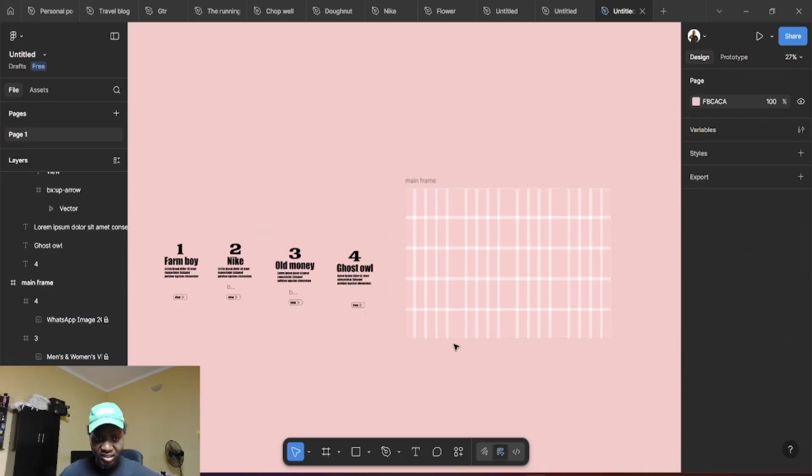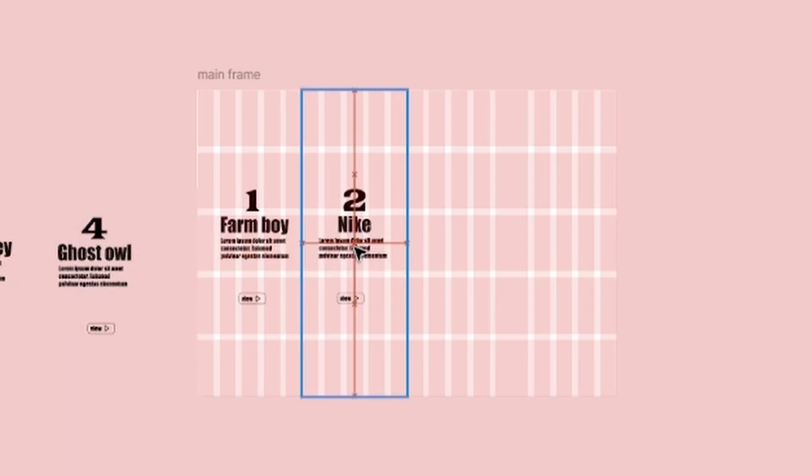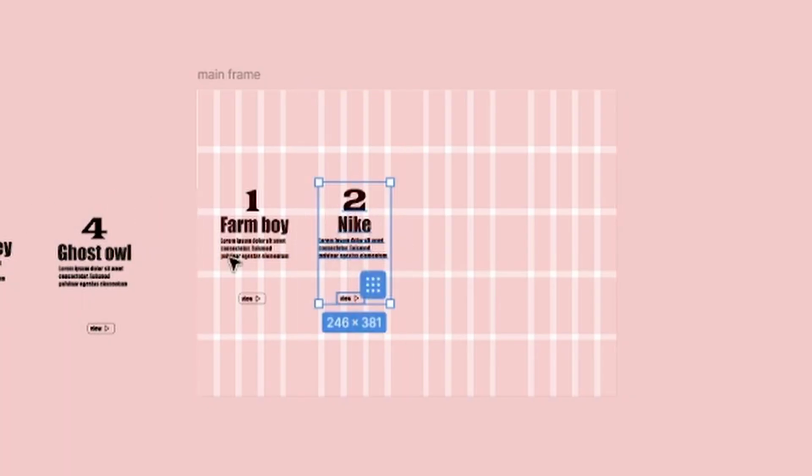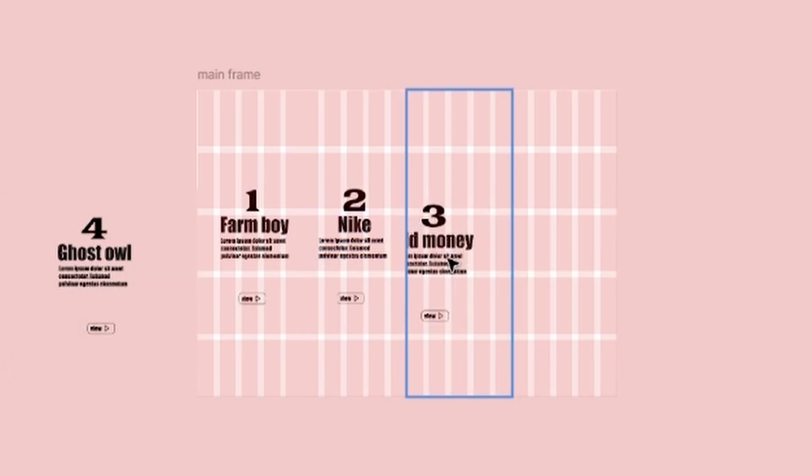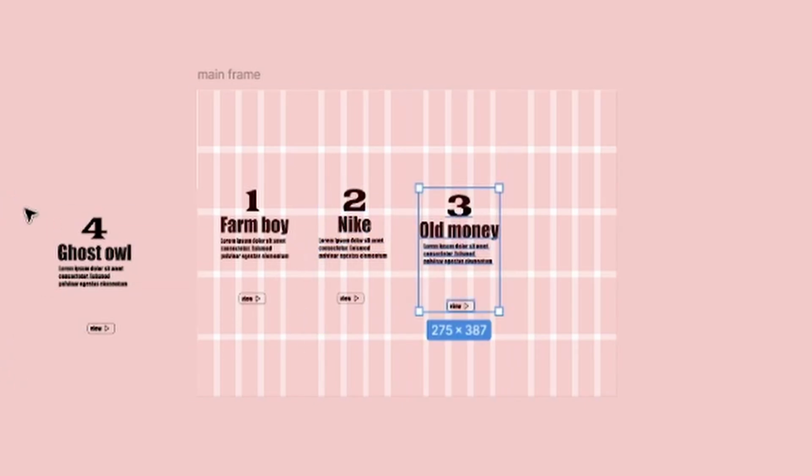Now that we've done that, what we want to do next is our text. We'll do the same thing for it too. Place it in the middle. I don't think I grouped this one the other time. Okay, I think I did. Place it in the middle as well. Place it in the middle.